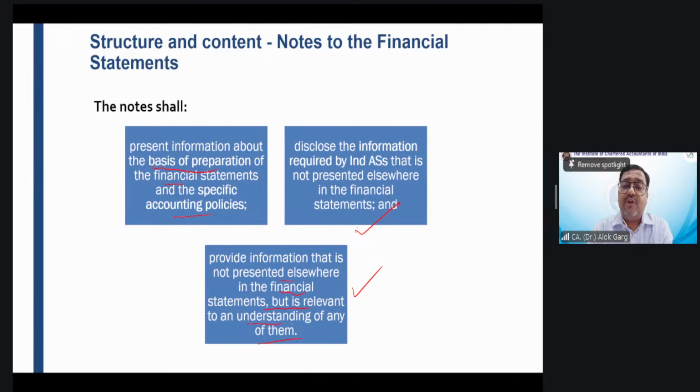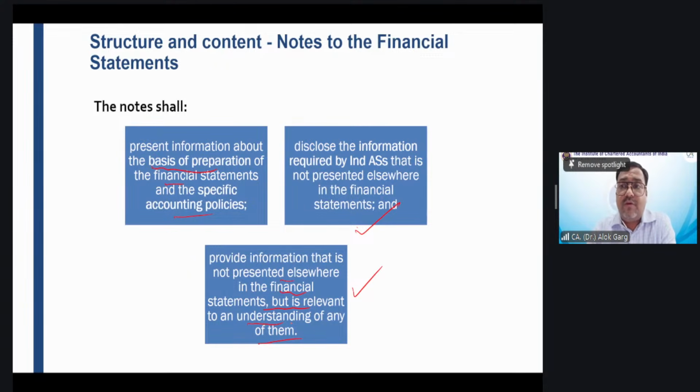What does it mean? Friends, the company has 50,000 crore rupees of PPE, right? The company has mortgaged this PPE to the bank and taken a loan. Whether this information of the mortgage is important for the user of the financial statement to understand or not?